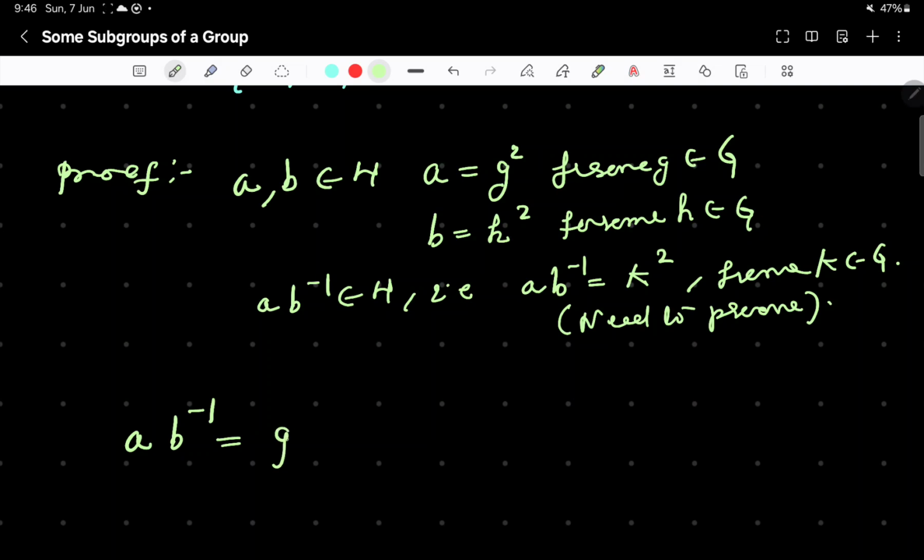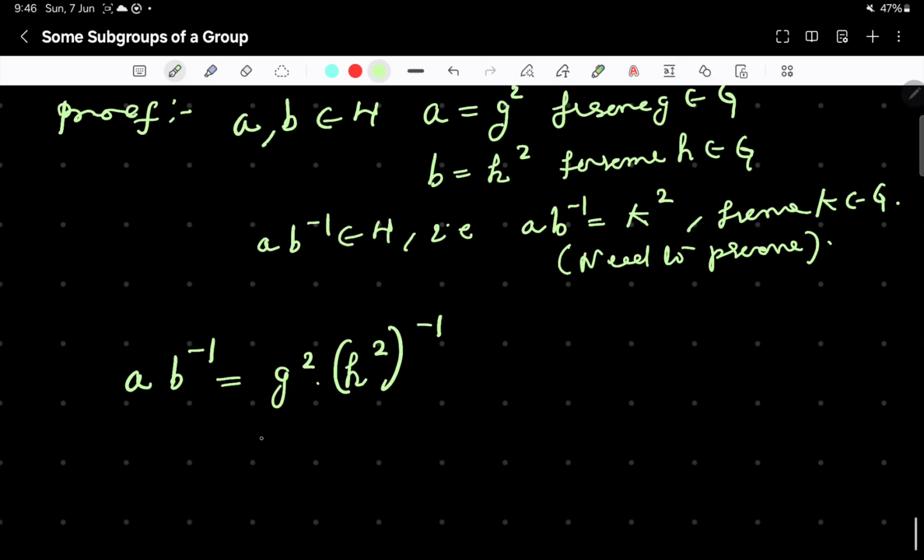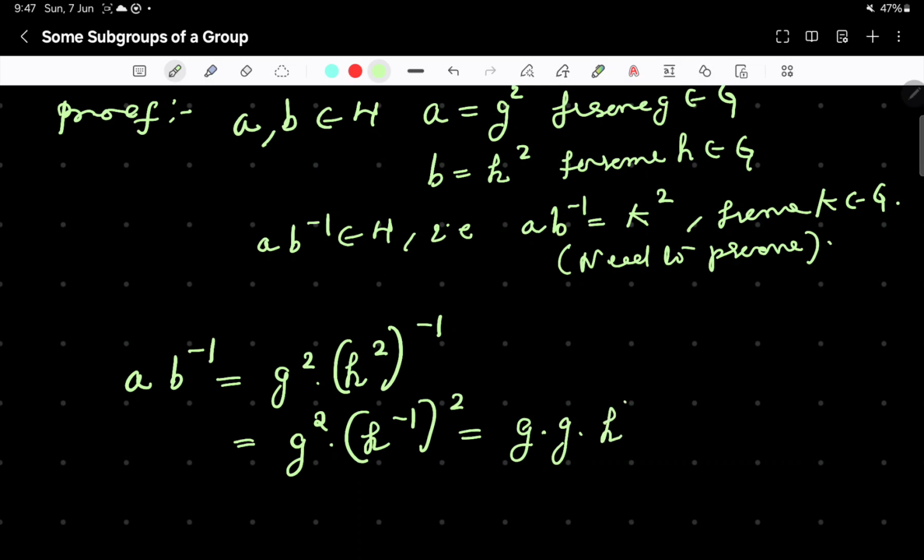A is given, it is g square, and B is h square, so h square inverse. So we can write g square and it can be written as h inverse square. So this is equal to g square, or you can write it as g times g, h inverse times h inverse.